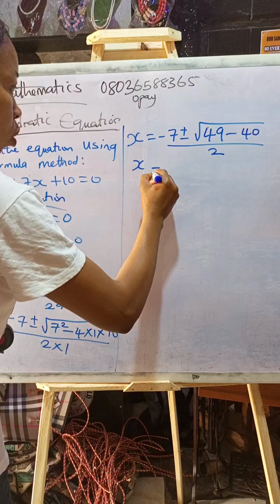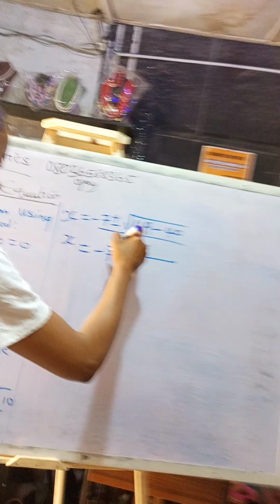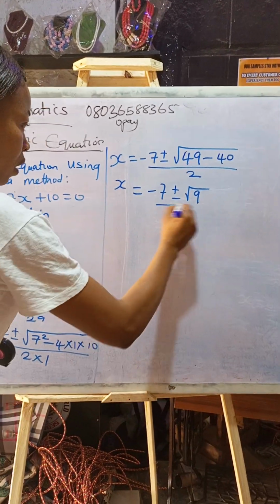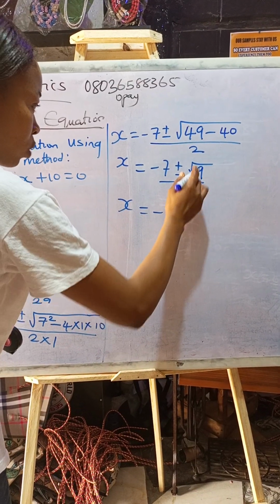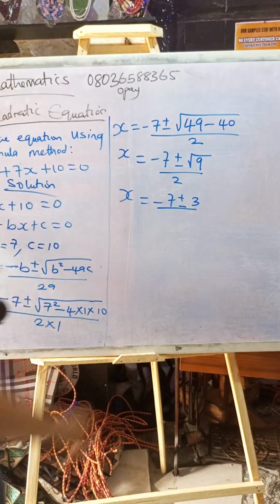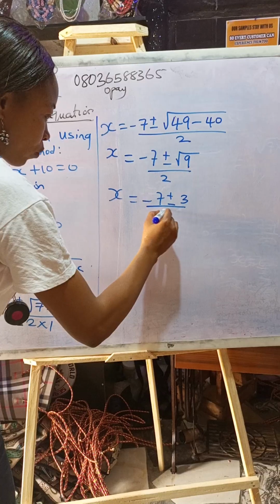So my x equal to minus 7 plus or minus square root of 49 minus 40, which gives 9, over 2. What is the square root of 9? It is 3, because 3 times 3 is 9. So the square root of 9 is 3, over 2.